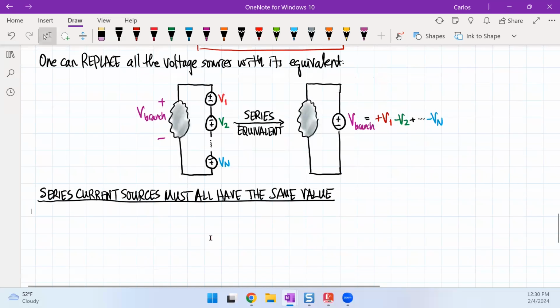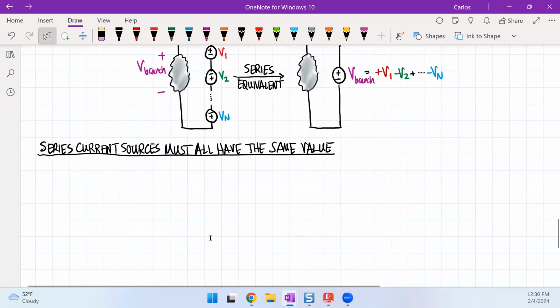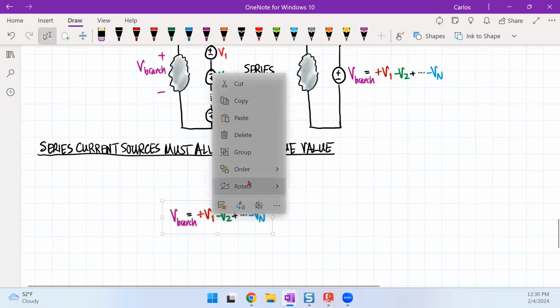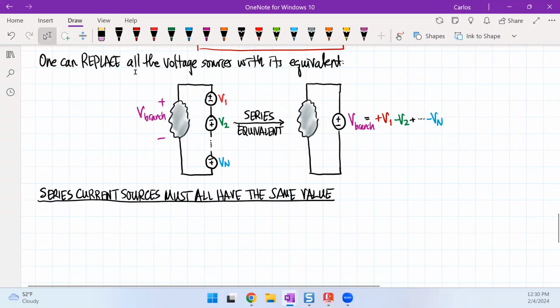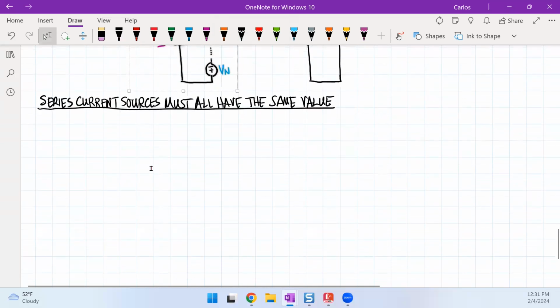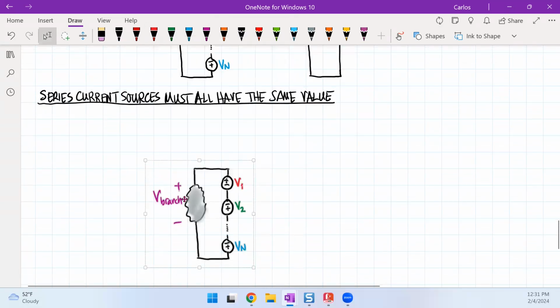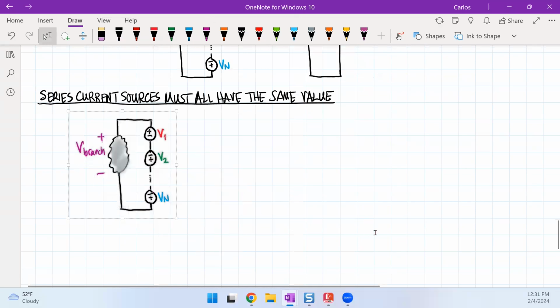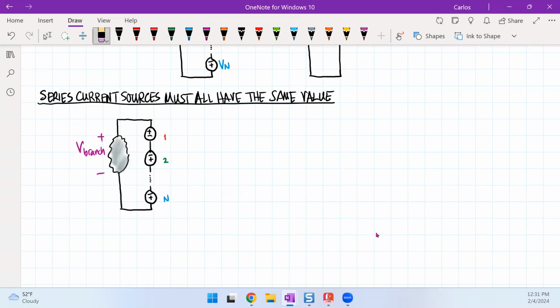So let's put in our circuit again, but now we're going to replace the voltage sources with current sources. If I look at my circuit here, oh, that's not what I want. Let me delete that and grab this guy again. The only thing I'm going to do is replace all of these with current sources instead.